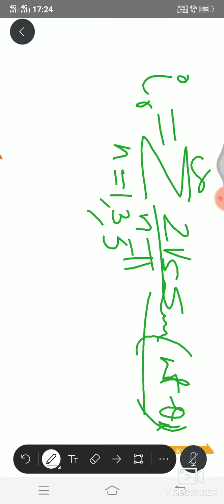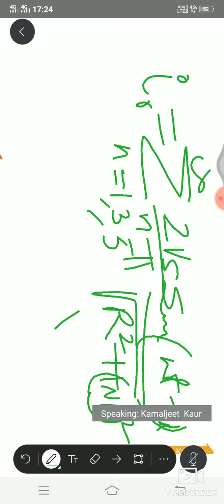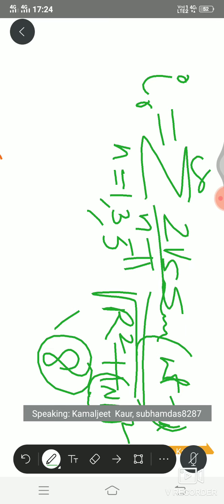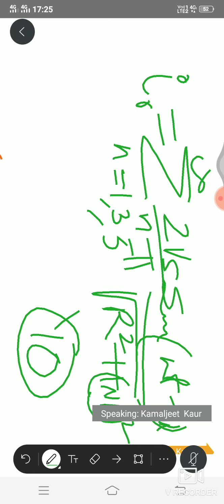I naught is equal to V naught by impedance. Impedance is the square root of R square plus omega L whole square. So this is equation number 10, this is I naught.